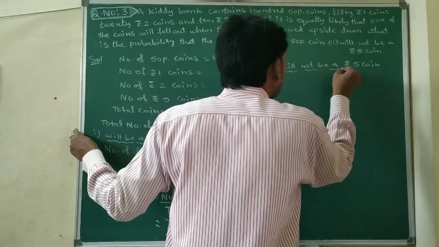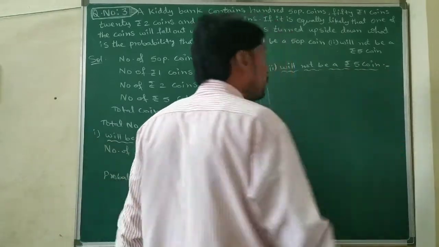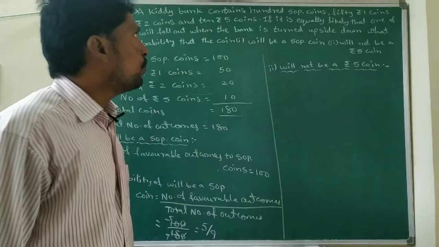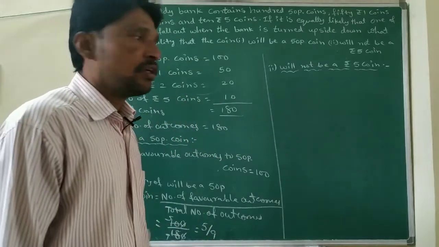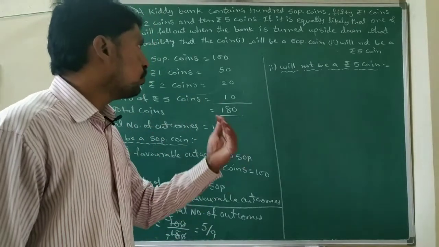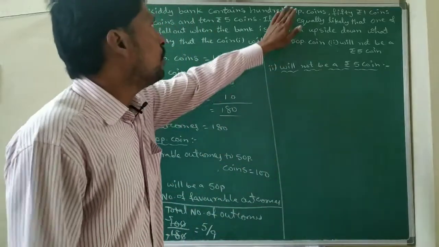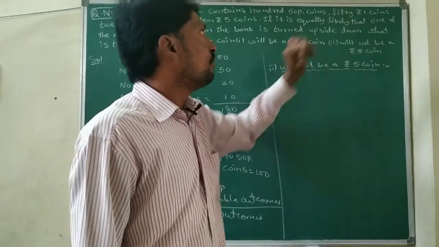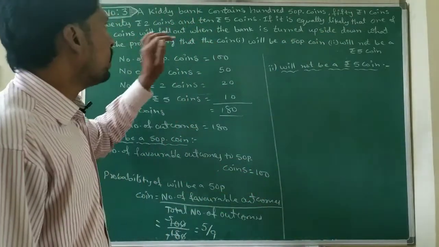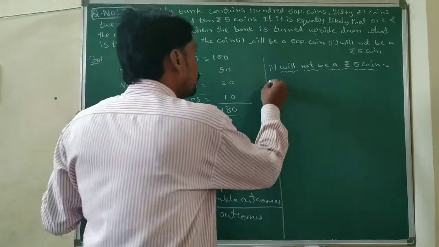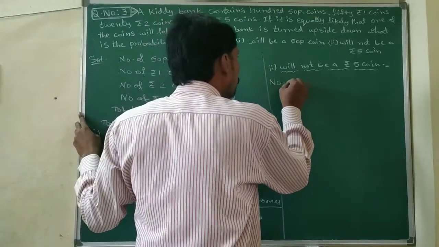Will not be a rupee 5 coin, that is without 5 rupee coins. So without 5 rupee coins, remaining coins we need to take. So number of favorable outcomes to will not be a rupee 5 coin means 50 paise coins we need to take, and rupee 1 coins, rupee 2 coins. So all these we can add.